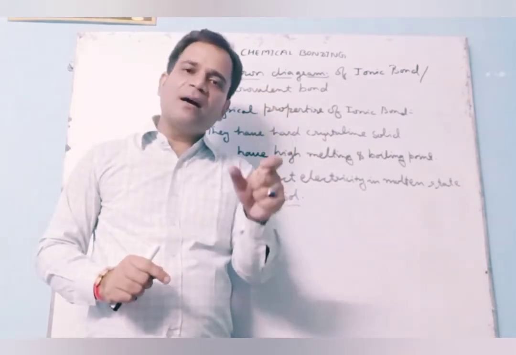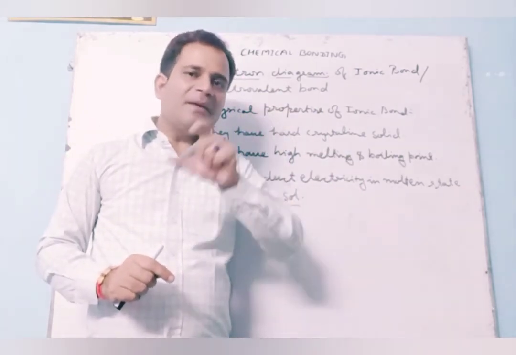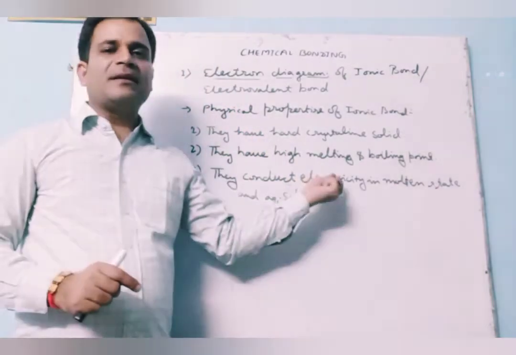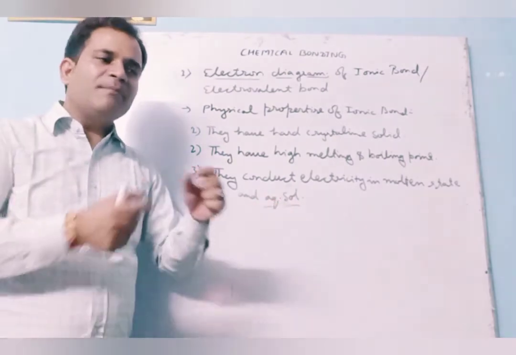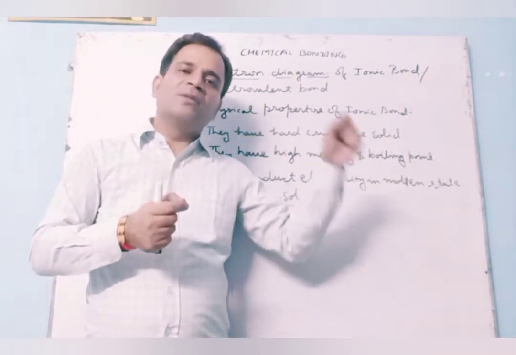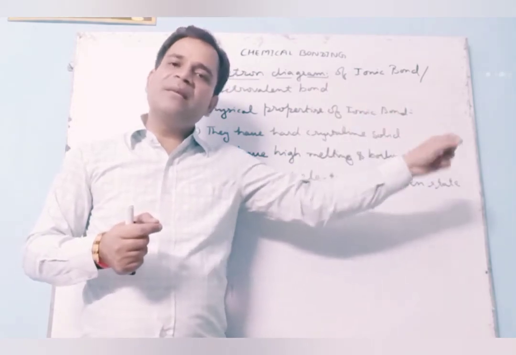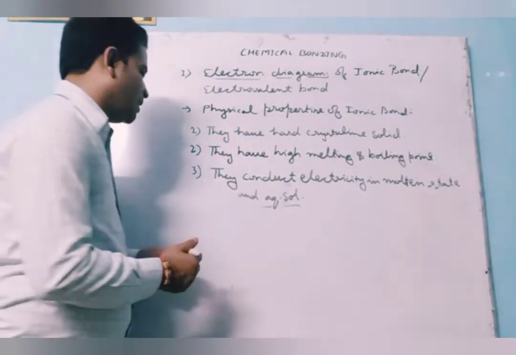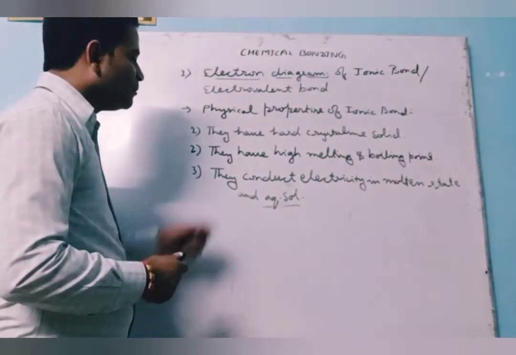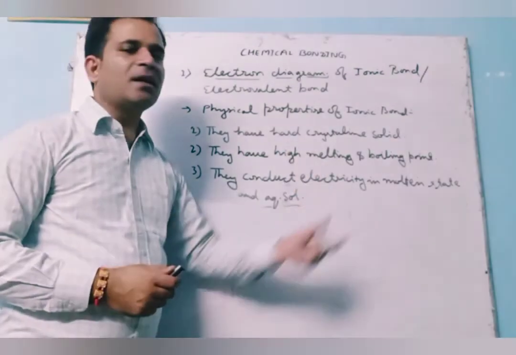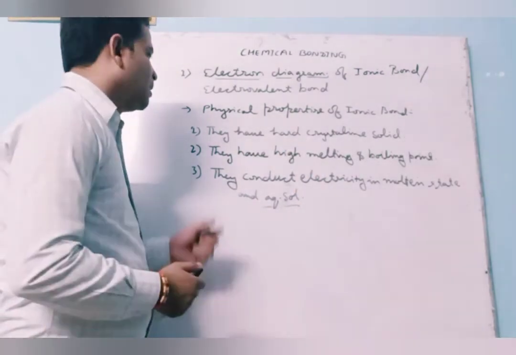So if the ions are broken by water, the compound can easily pass electric current. So that's why I am saying, because the ions become mobile, and once the ions become mobile, the electric current can easily pass through an ionic compound. Now, this one is the third physical property of the ionic bond.